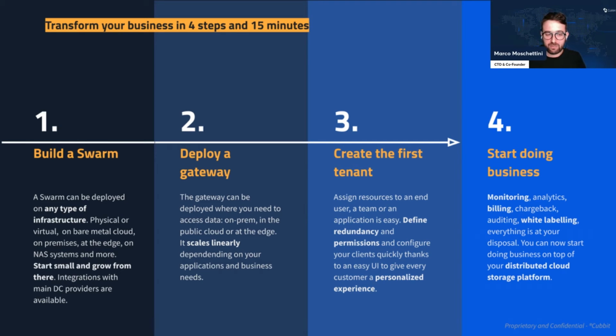You can see it as a specific portion isolated for data and metadata, especially. On the tenant, you can define the permissions, you can set up white labeling, you can have a personalized UI, and you can also deploy a personalized web console to access your data. We will see that in minutes.